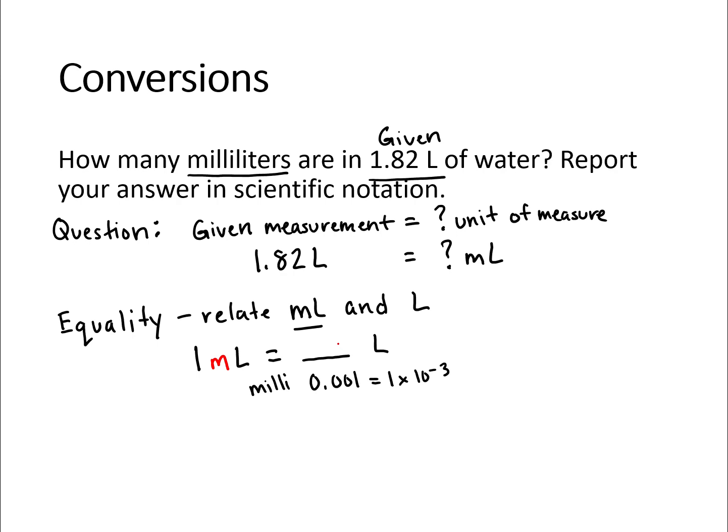Replace the m with the value you find on the chart. Now we have an equality. So for those of you that got stuck in particular, are you with me so far? Any aha moments? Okay.